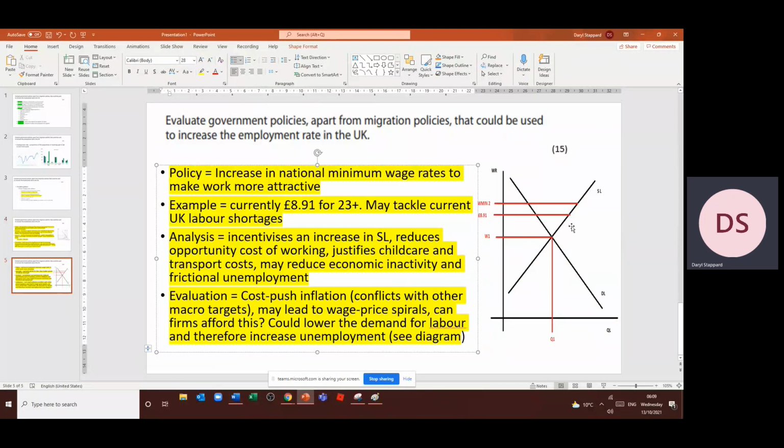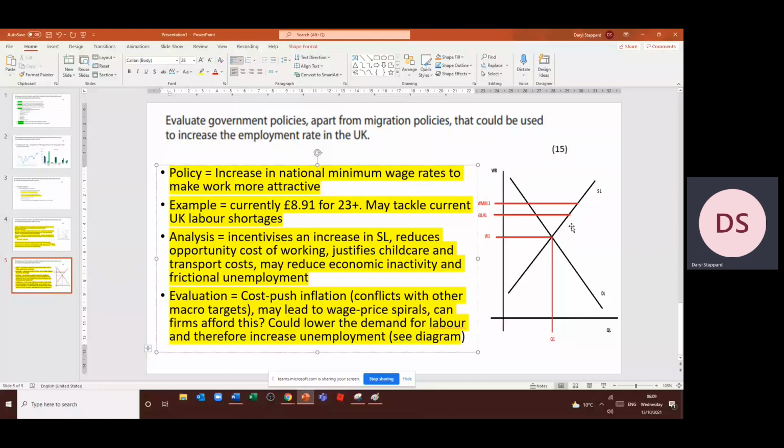So you might have more people that are willing and able to work, but you're going to have fewer businesses being willing and able to recruit workers. So you've got more people engaged in job search, but you could technically have less people employed. Well, that could in theory lower the employment rate. So there you've got a bit of a conflict there again between these different objectives across the economy.